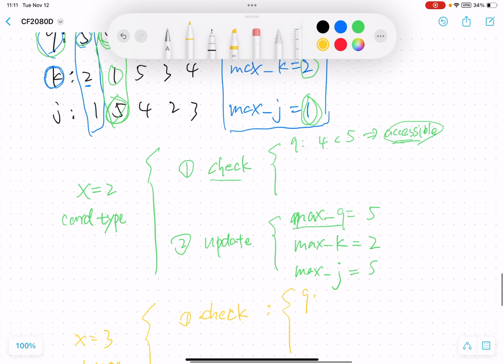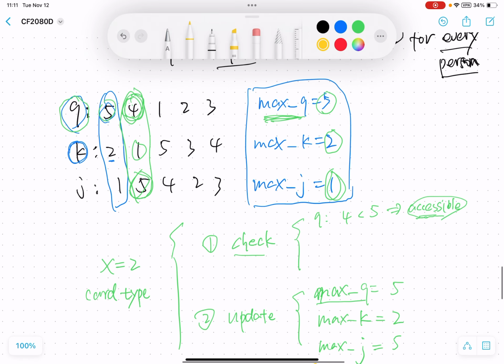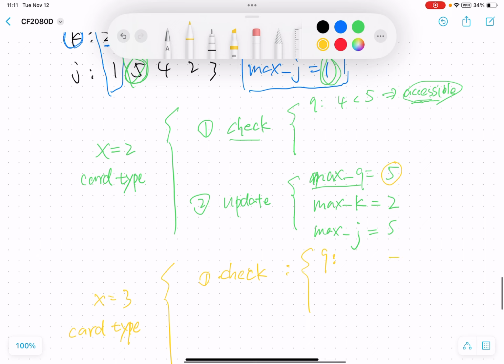So for the people Q, we will know current value is 1 and max of Q is 5. That means we can get the type 3 card for people 1. Yeah, that means it is accessible.